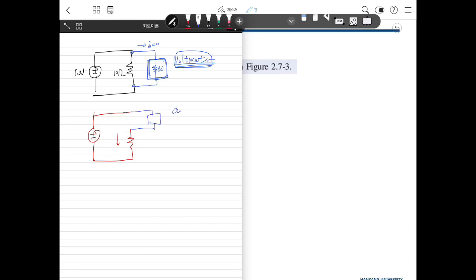This is a current meter, or ammeter. This unit just measures the current and does not affect the circuit. That means its impedance is 0. So this measurement unit does not have any effect in the circuit.